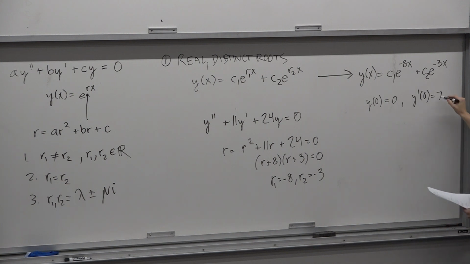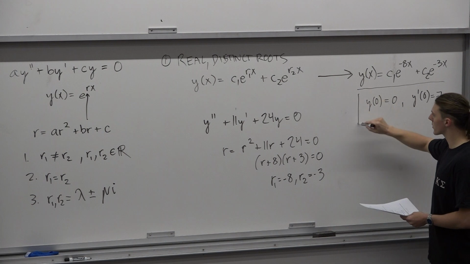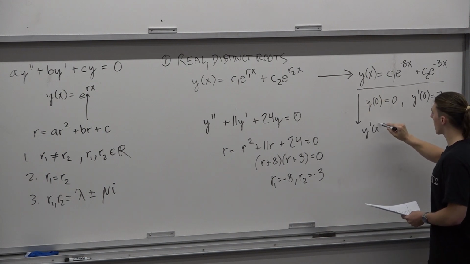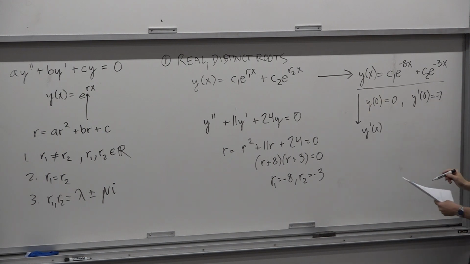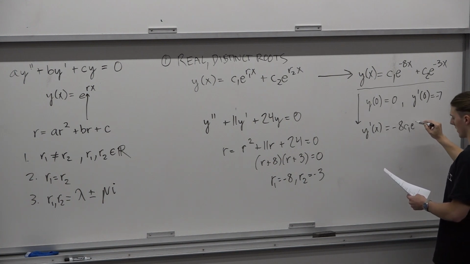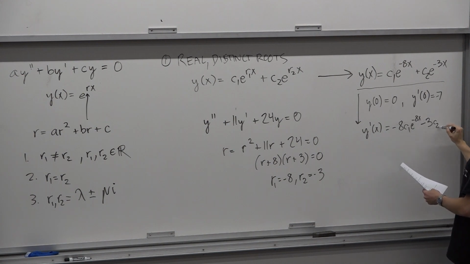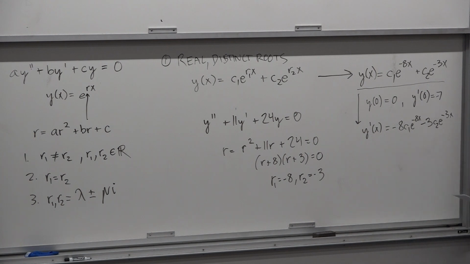So when we're trying to solve the initial value problem, we're not only taking the equation that we just found, but we're also going to differentiate it to get y prime of x. And so you can see that in this case it's negative 8 c1 e to the negative 8x minus 3 c2 e to the negative 3x.